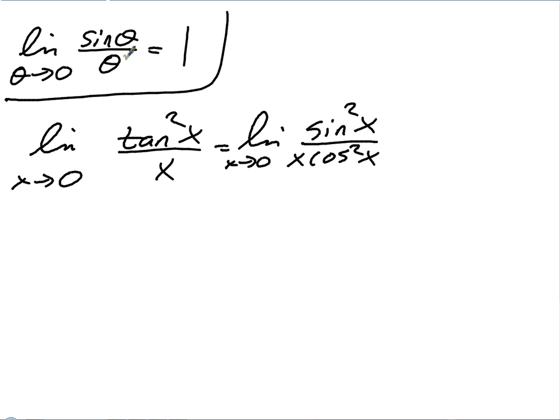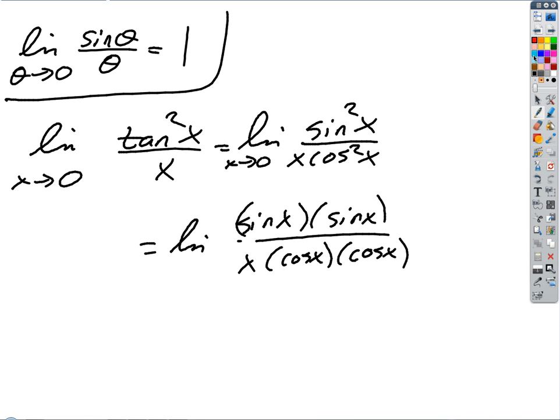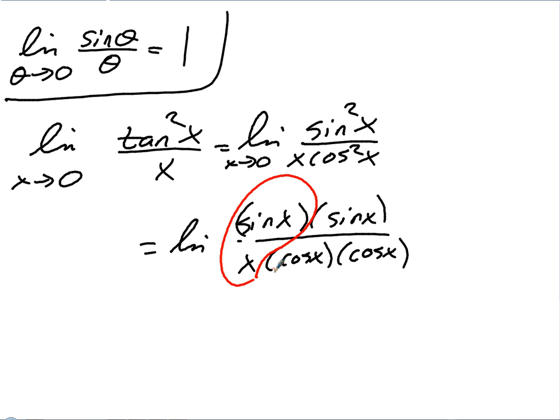Yeah, okay. I'm hearing it. So let's dice this up. So we've got the limit of sine x times sine x over x times cosine x times cosine x. And look, if we split this up, so these guys are grouped together, then we got it.